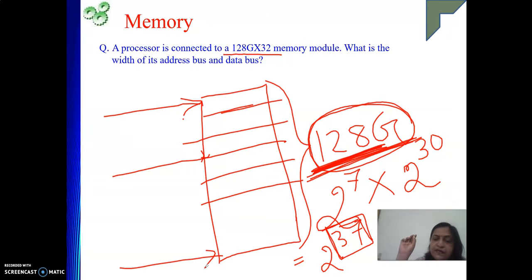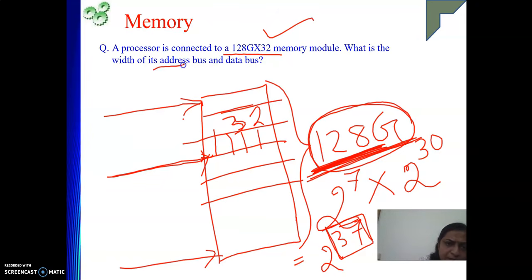Understand? 37 is the number of bits required to represent an address. And after representing the address, we'll go to a location, and in a single location, how many bits are stored? 32. Yes or no? 32 bits are stored.